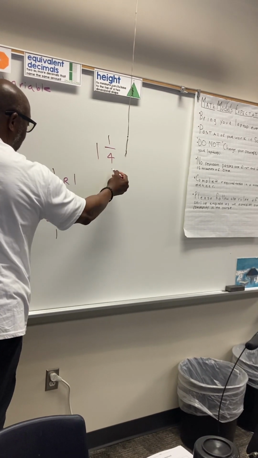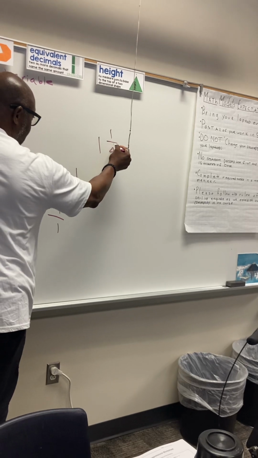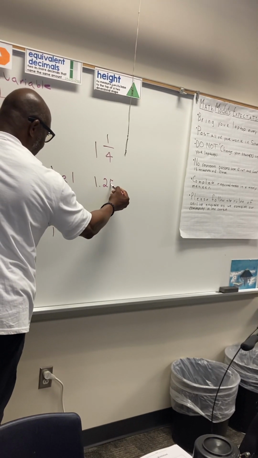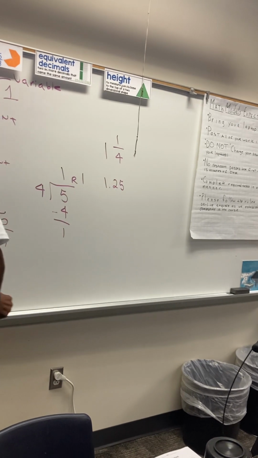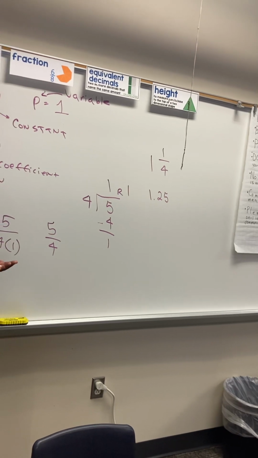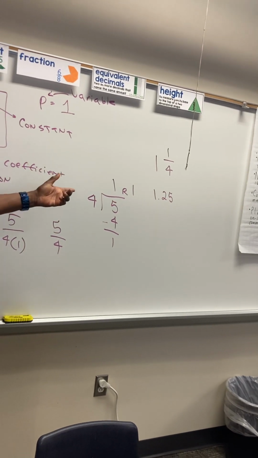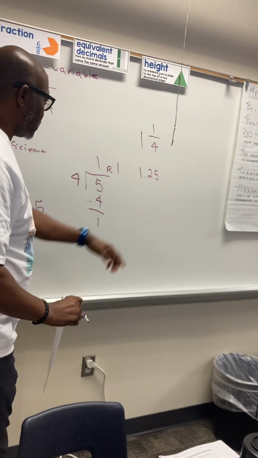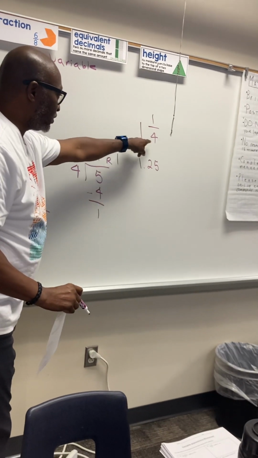This is 1 and 1/4, and as a decimal it would be 1.25, because 1/4 is a quarter, like 4 quarters in a dollar. So 1/4 would be 0.25. So this is 1.25 or 1 and 1/4.